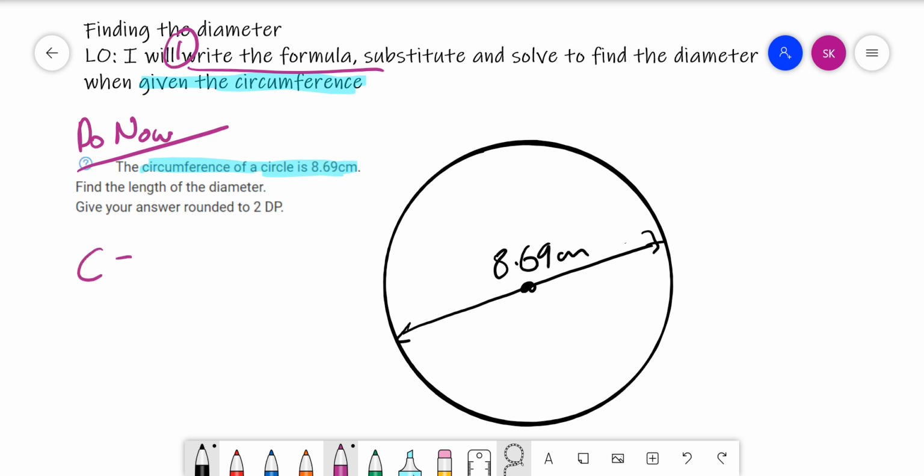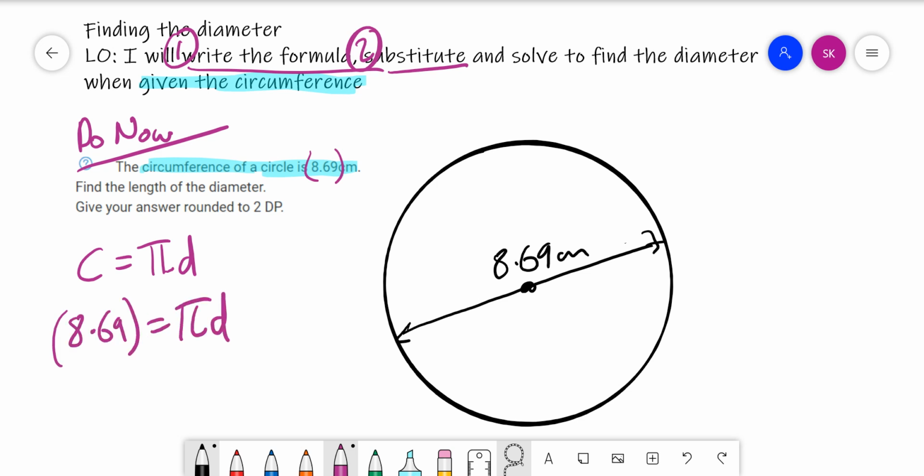Circumference is distance around a circle. How do you find it? Pi times d. Step two, substitute. And what we're going to substitute is the thing that we're given. And we're given 8.69 for the circumference, so I'm going to change c for 8.69. And step three, I'm going to solve to find the diameter.